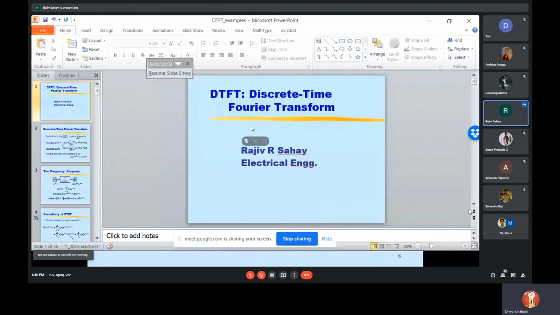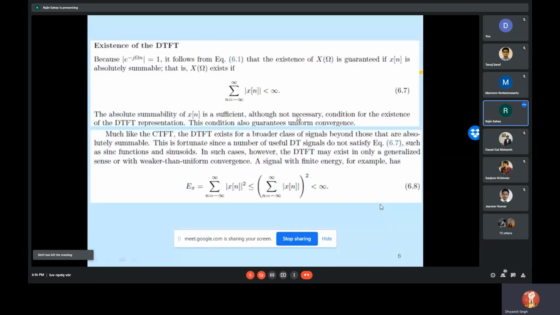Then what to do? How would you think about the discrete time Fourier transform? In such cases, the DTFT may exist in only a generalized sense or with weaker than uniform convergence.